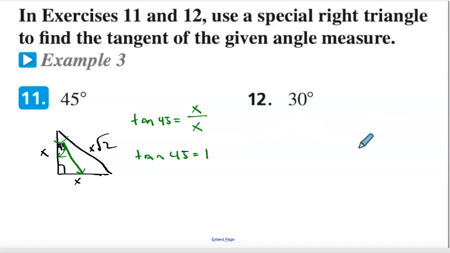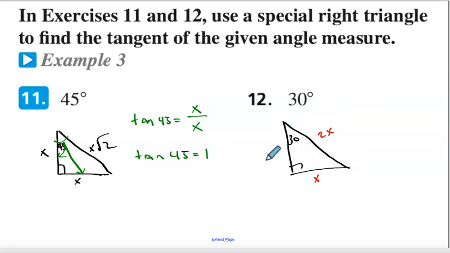Okay, and then the next one here. Let's say that's my 30. So the hypotenuse is 2x, or twice the length of the side opposite to 30, and then this one's just going to be x times the square root of 3.